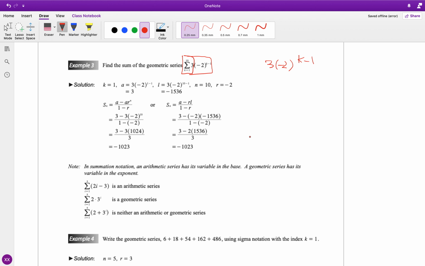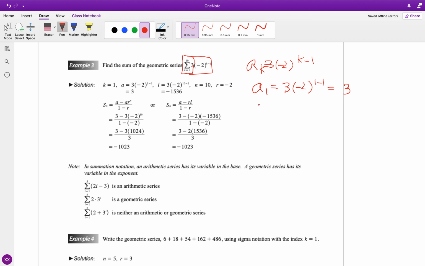Basically each one of them, each a_k, is this value. The way I did it was to see what the first term is. What is the first term? A1, so that means k equals 1. So that means 3 times negative 2 to the power of 1 subtract 1. So that becomes 0, and this becomes 1. So a1, as a matter of fact, is just 3.